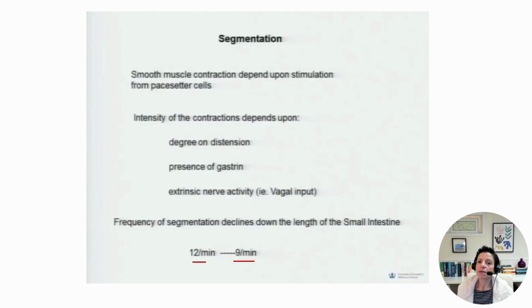Is the brain, through the vagus nerve, stimulating the movement of food through the stomach and the small intestine? All of these things really affect the intensity of the contractions in the small intestine. But segmentation contraction is achieving both propulsion and mixing.